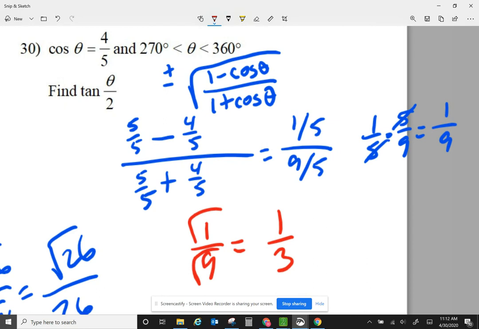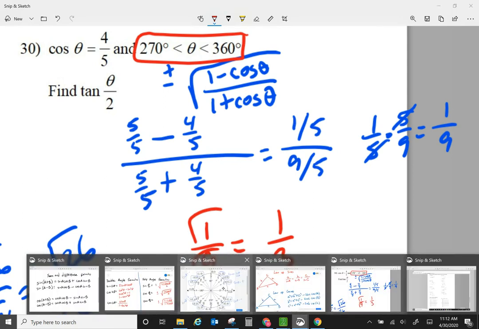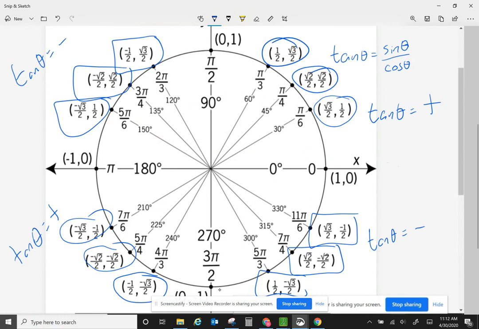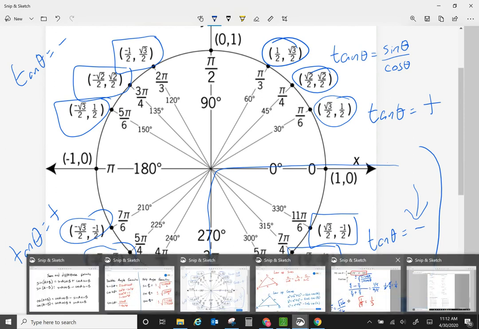Now I have to remember, is it positive or negative? Think about this. This is in the fourth quadrant. How do I know? Because it says theta is between 270 and 360. Let me even remind you guys, I'm in the fourth quadrant, and tangent in this case is negative.